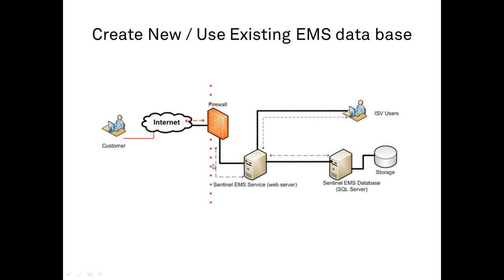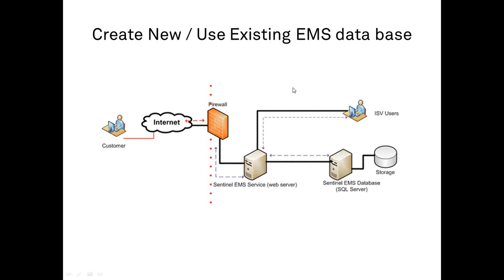And we have the firewall here, and this is internal for the organization, and this goes externally for other end users that can be using the Sentinel EMS from outside.